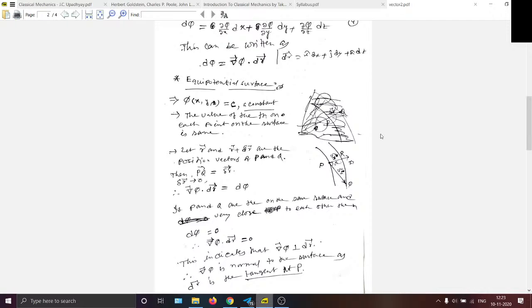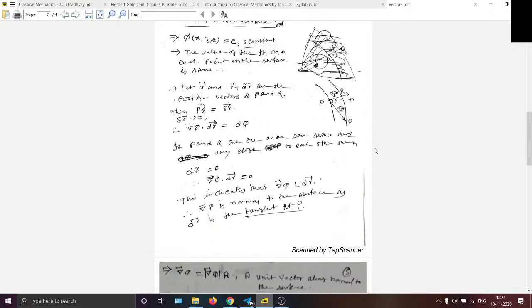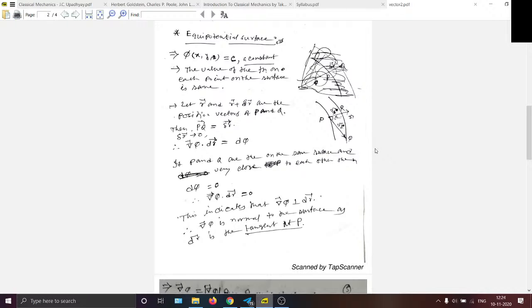So phi xyz equal to c gives you a surface where everywhere on the surface the value of the function is fixed. That is the equipotential surface. If it is a potential function, or some other function, you can name it in the same way. It could be temperature also sometimes. It depends on which quantity you are representing.